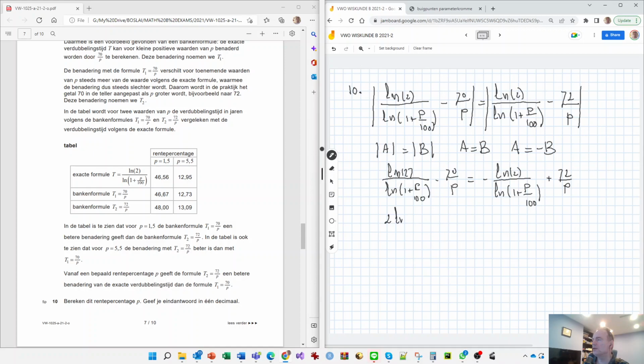2 log 2 divided by log(1 plus p divided by 100) equals, and let's bring this to the right, and it's 70 plus 72 is 142 divided by p.